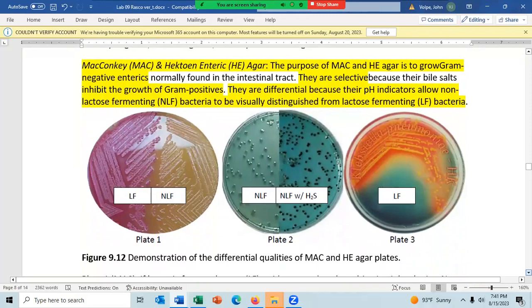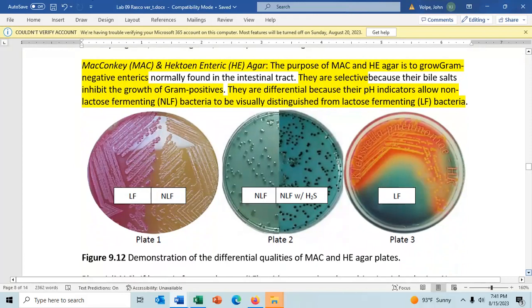All right, MacConkey's agar, also called MAC, and Hektoen enteric agar, HE, run at least two or three tests at one time. MacConkey's and HE plates are selective for gram negatives, so gram positives tend not to grow on both MAC and HE plates.